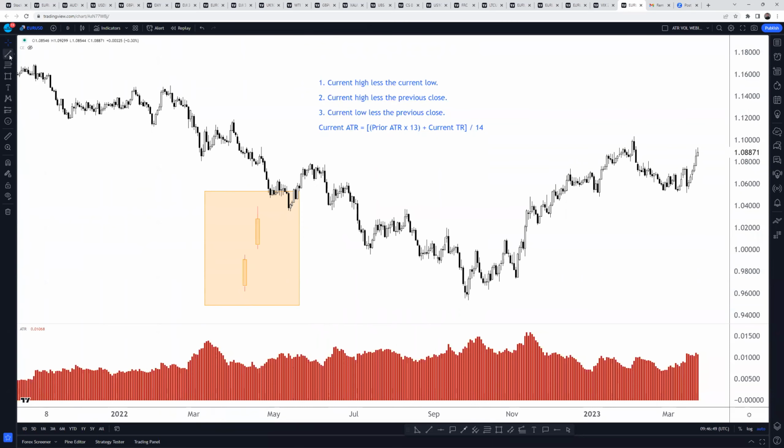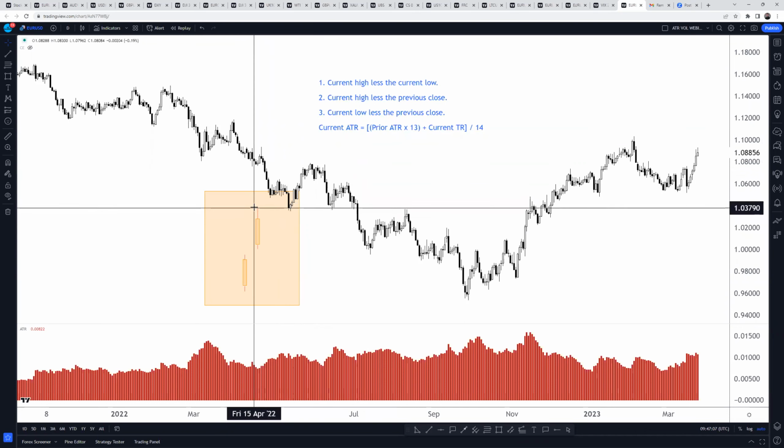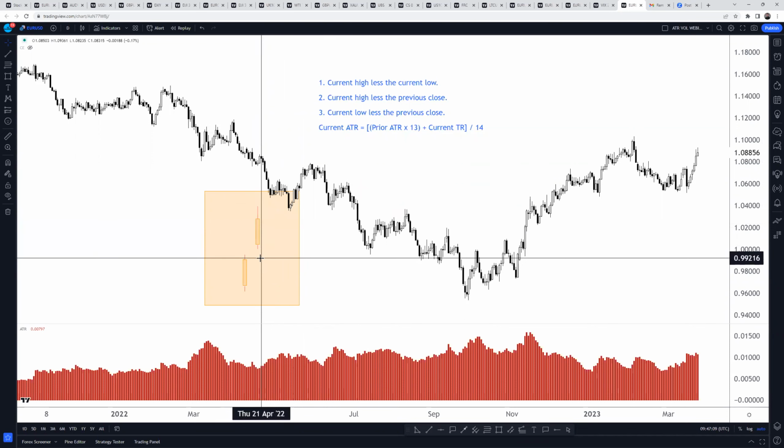So for instance, if you were looking at just these two candles here, you could not really take the current high and low range as the volatility because it would miss this gap here. So you would also take the current high less the previous close, from this point here to this close here, and the current low less the previous close.